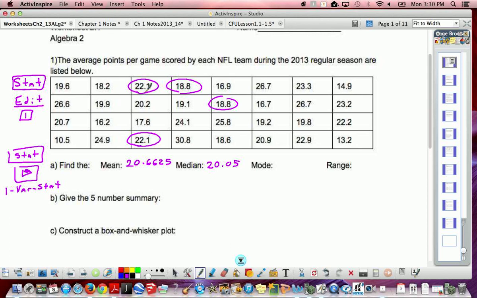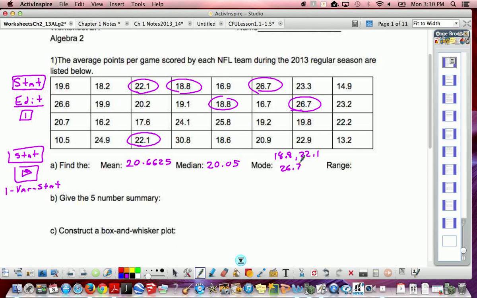So it happens twice. And are there any others here? I see two 26.7s. So what happens with mode again is the one that has the most has to have at least more than one for it to have a mode. So here we actually have 3 modes at 18.8, at 22.1, and at 26.7.